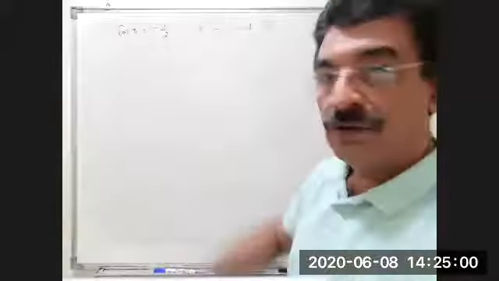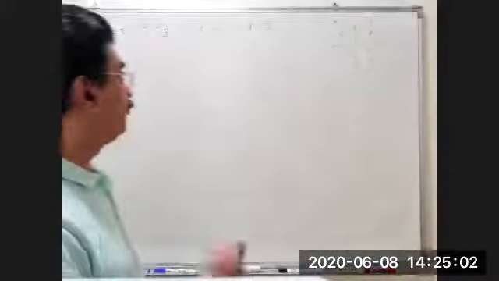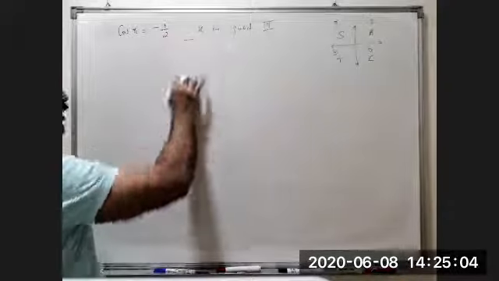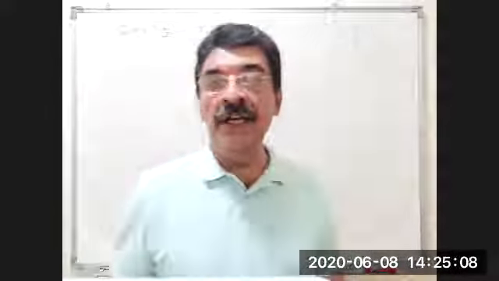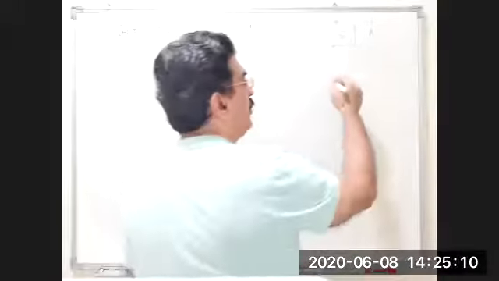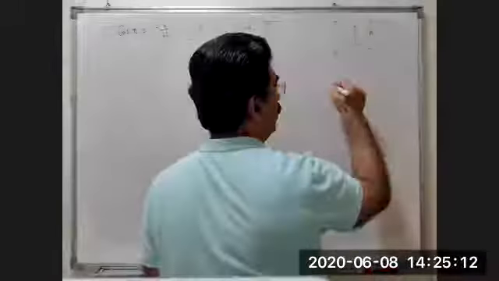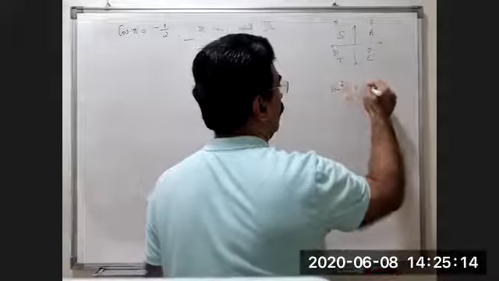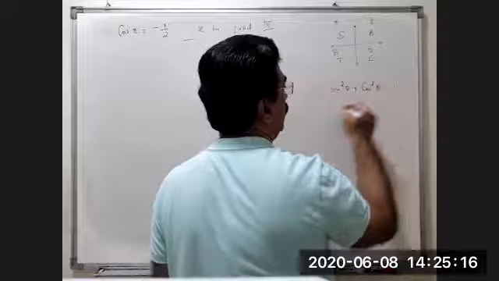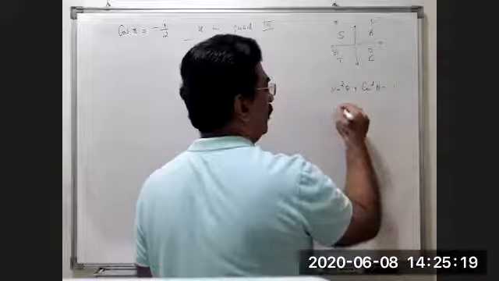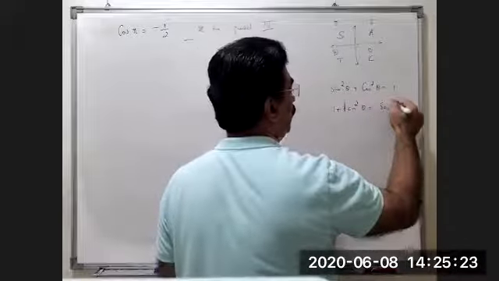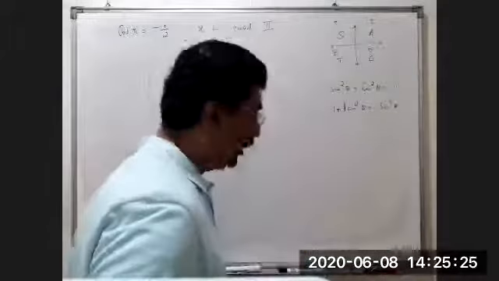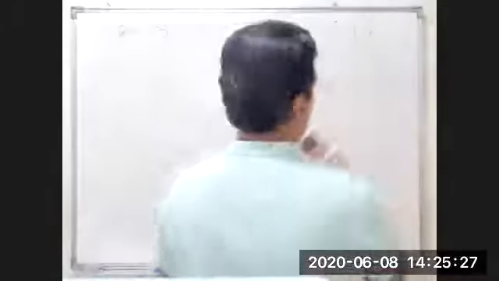Now, cos x we know. If cos x is known, we use the square relations. Always we use those square relations. You learn 3 square relations. That is sine square theta plus cos square theta is 1. 1 plus tan square theta is sec square theta, or sec square theta minus tan square theta is 1.